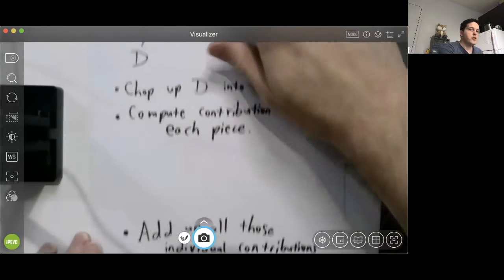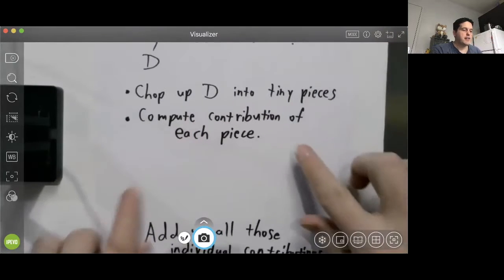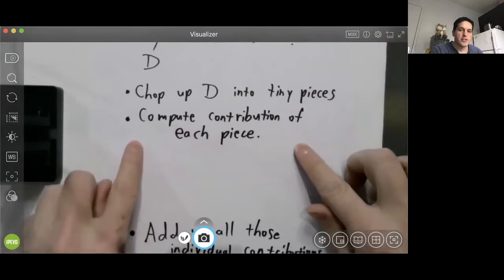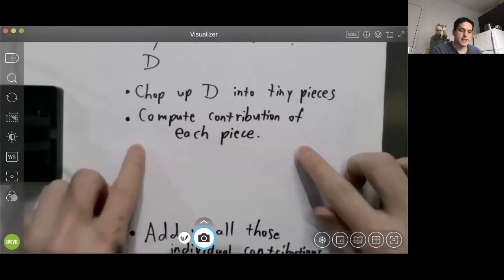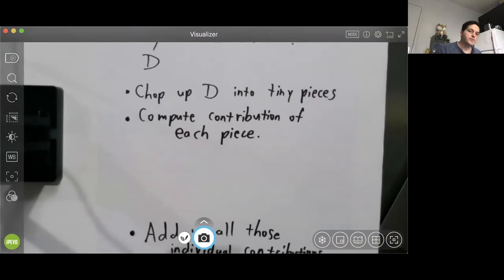Now let's look more closely at how we compute the contribution of each tiny little piece. Let's say that the total number of pieces is n, where n is some very large integer. And let's say that each of the pieces are labeled D1, D2, D3, and so on, all the way up to D sub n.